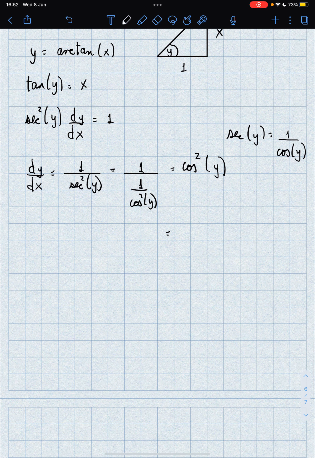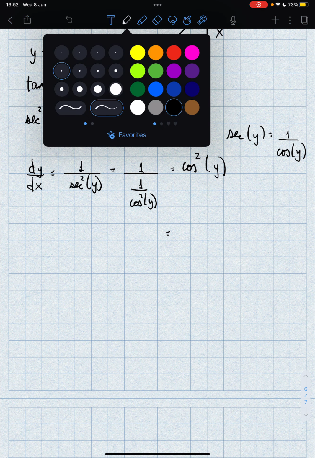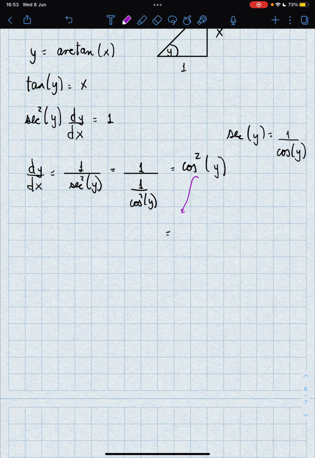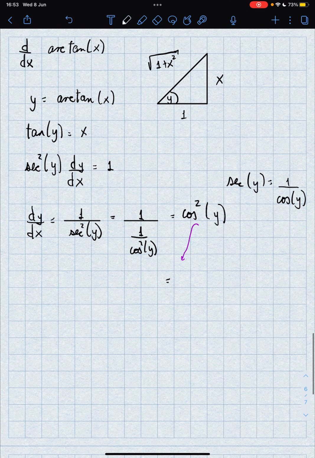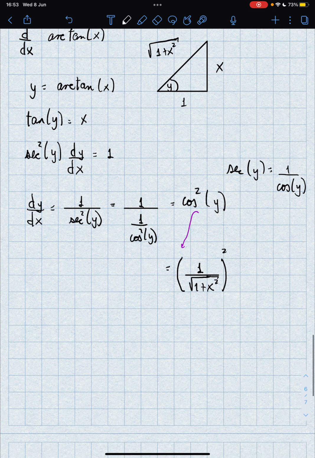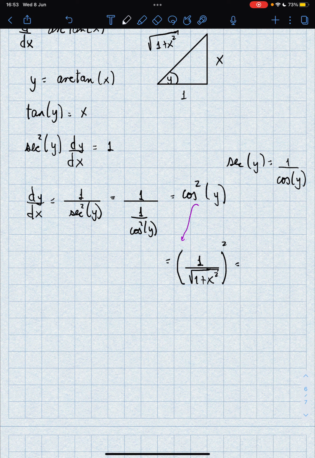So cosine squared is gonna be 1 over 1 plus x squared, and at the end what we're gonna have is 1 over x squared plus 1.